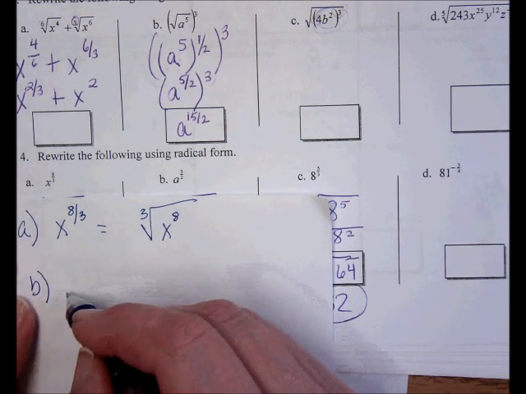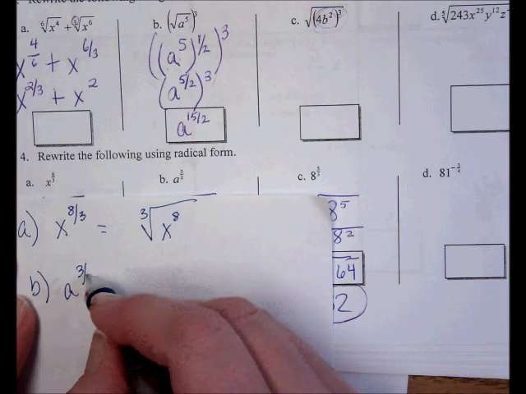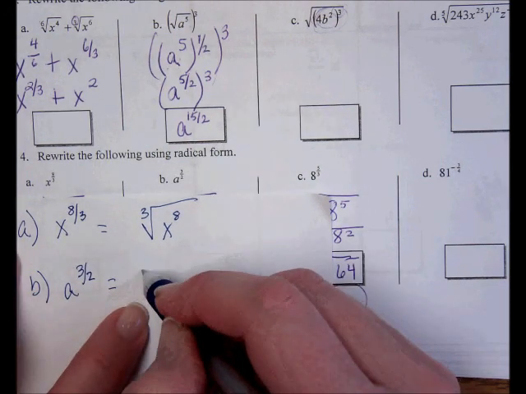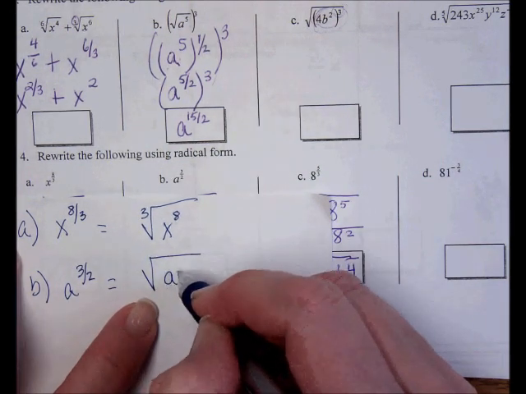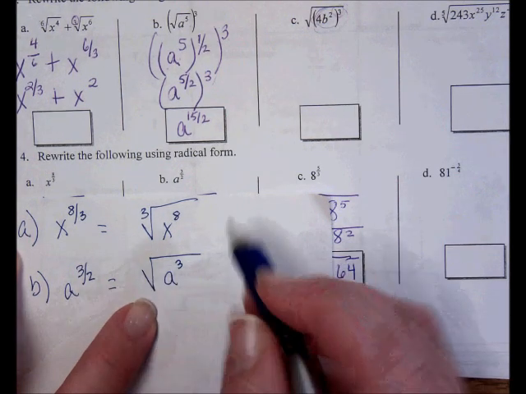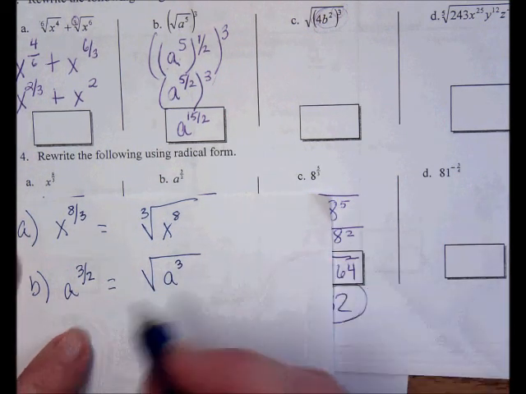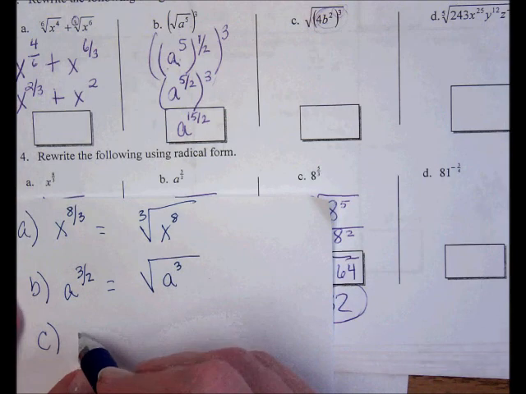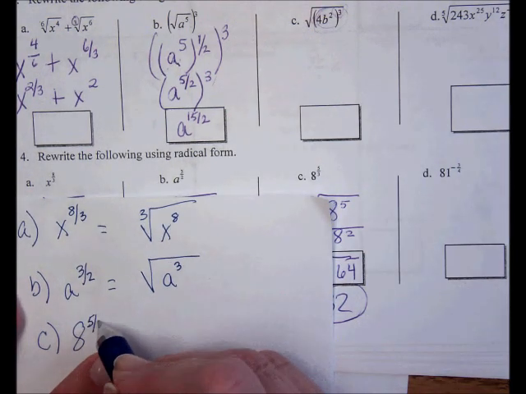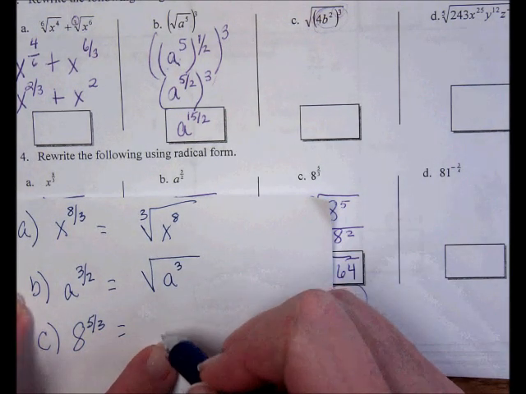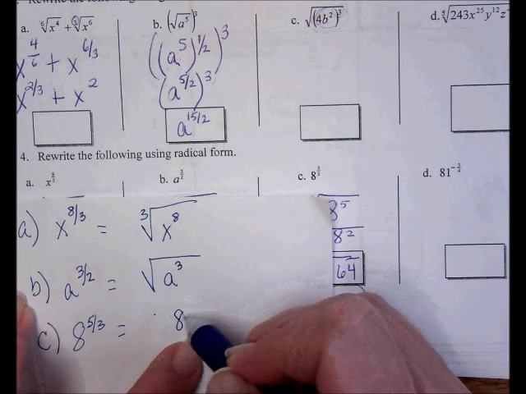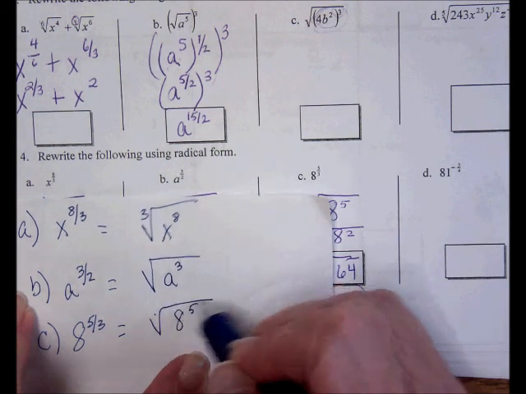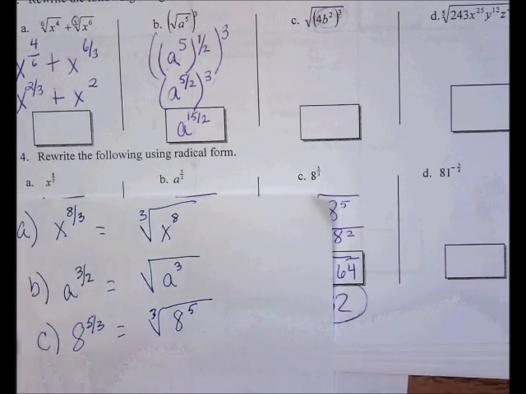B looks like a to the 3/2 power, and so in this case it's going to be a cubed, taken the square root of it. C, 8 to the 5/3 is equal to 8 to the 5th power, and I'm going to take the cube root of it.